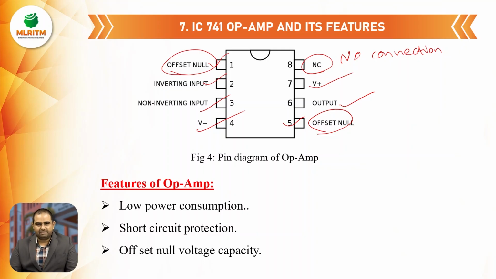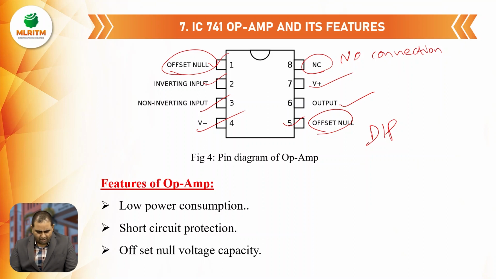Why is that extra pin there? As I said earlier, we have to follow the dual inline package structure. Dual inline package means the same number of pins should match on the left side as well as the right side. For that purpose, the no connection pin is used.